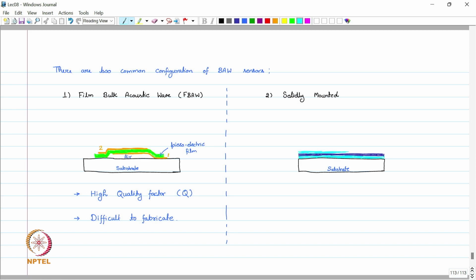These are different layers of metals which will act as a reflector. So this is called the reflector stack.